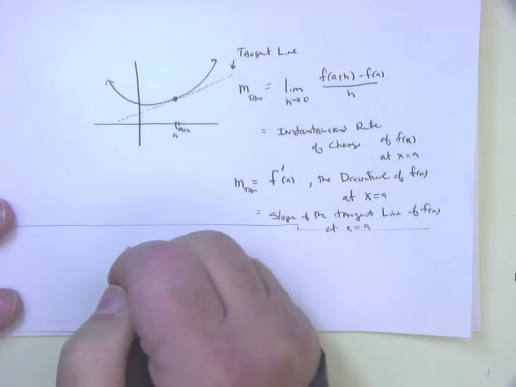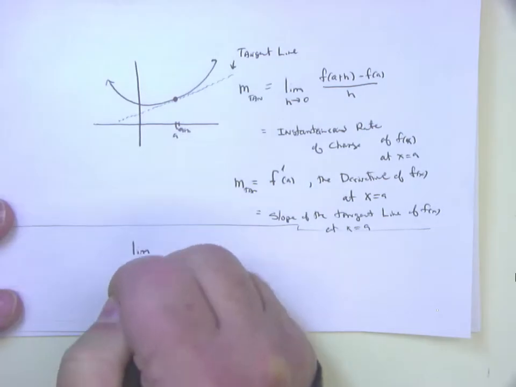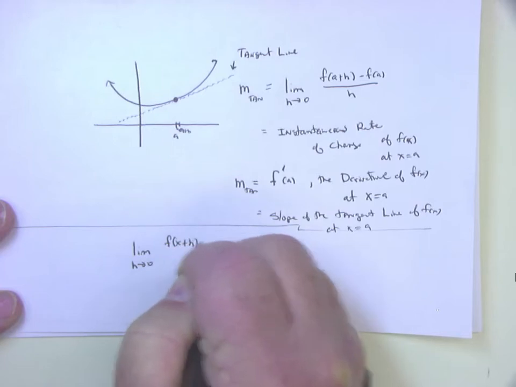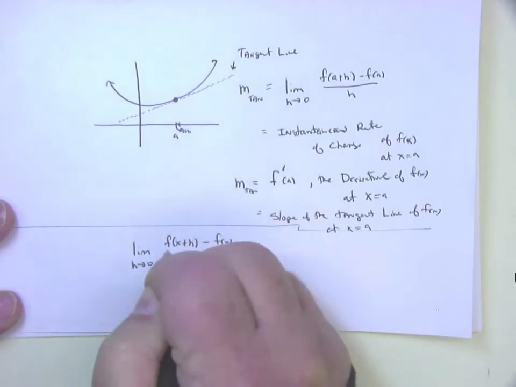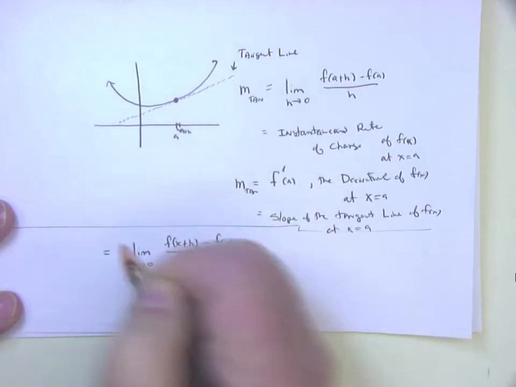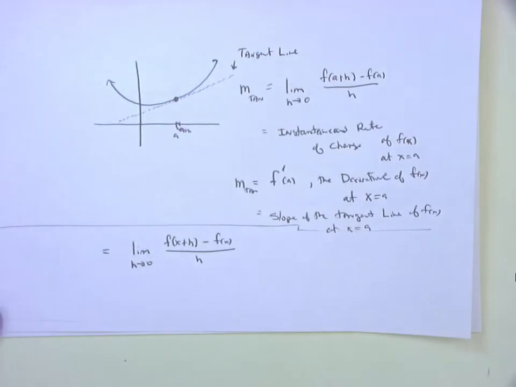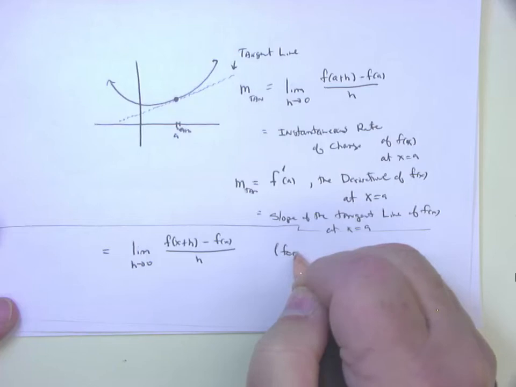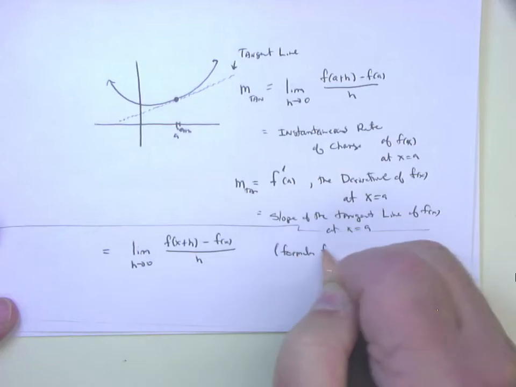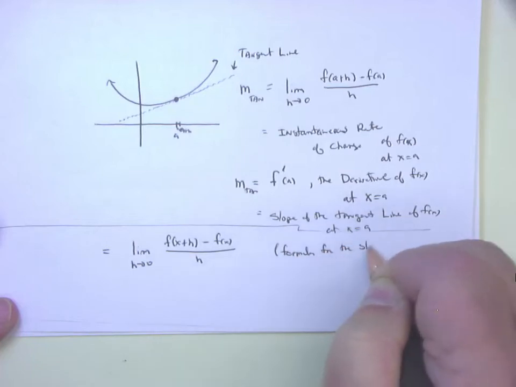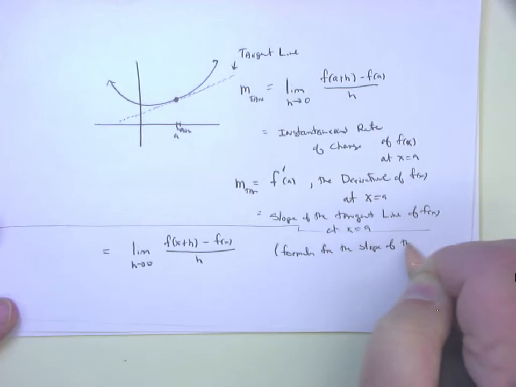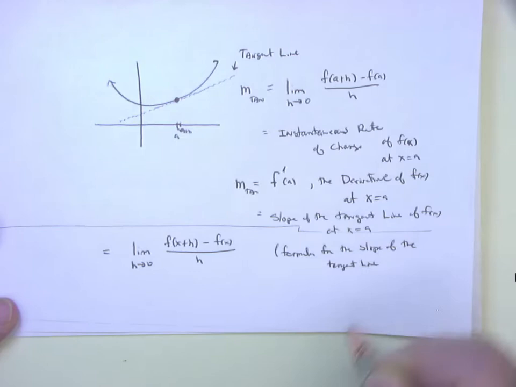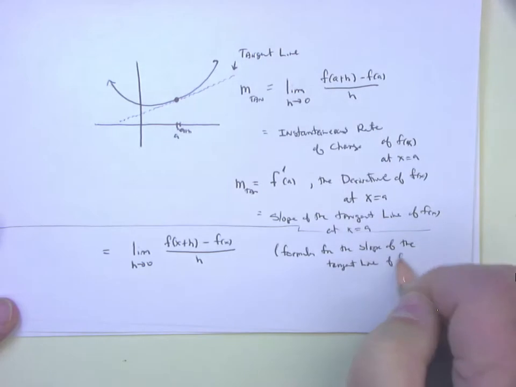So if I take the limit as h approaches 0 of f of x plus h minus f of x divided by h, this is going to give you a formula for the slope of the tangent line of f of x.